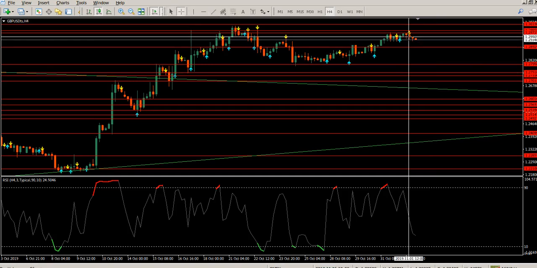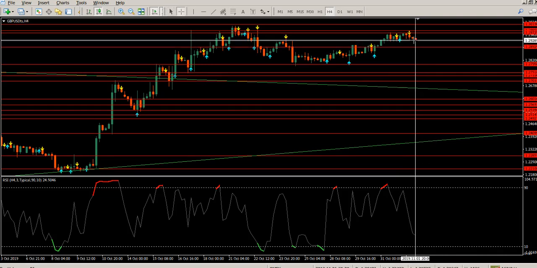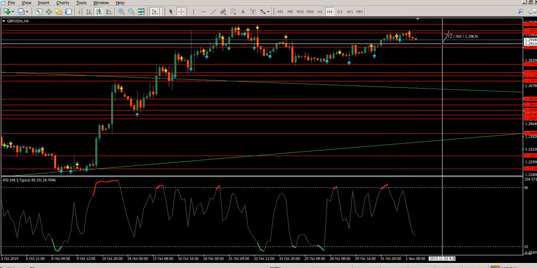I want it to drop down to here and see the RSI become oversold, and then start moving back up. And once I get a signal from my entry trigger to go long again, I'm going to take it back up to the opposite level.